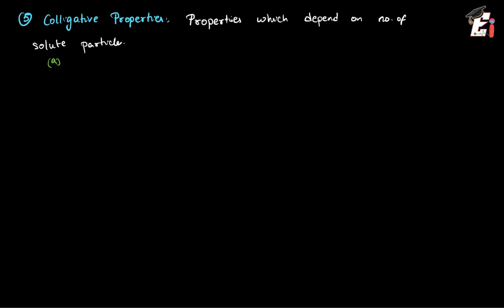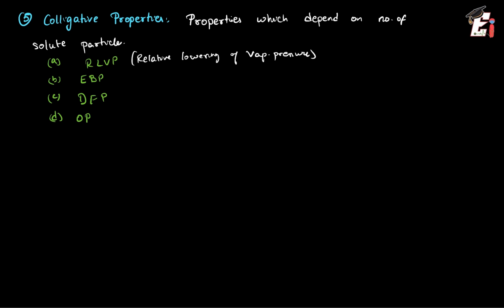The different types of colligative properties are: one is relative lowering of vapor pressure, other is elevation of boiling point, next one is depression in freezing point, and next one is osmotic pressure. So these full forms are relative lowering of vapor pressure. So vapor pressure is going to get lowered relatively. Elevation, increase in boiling point.